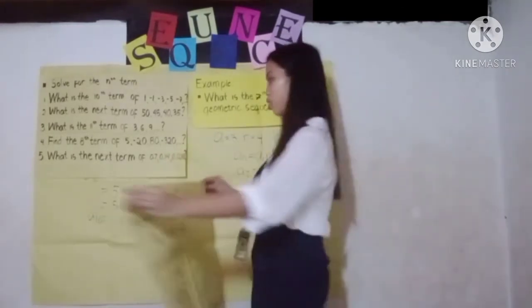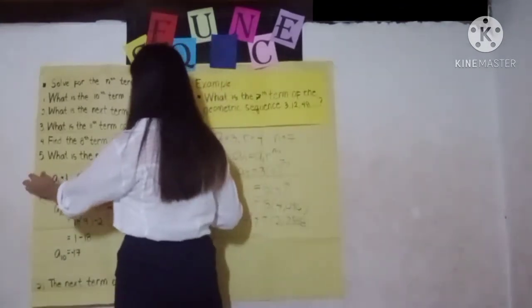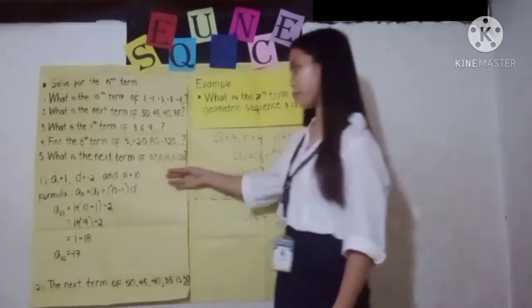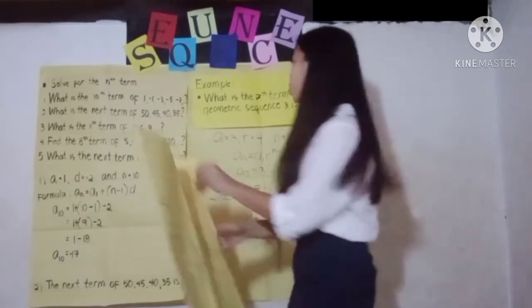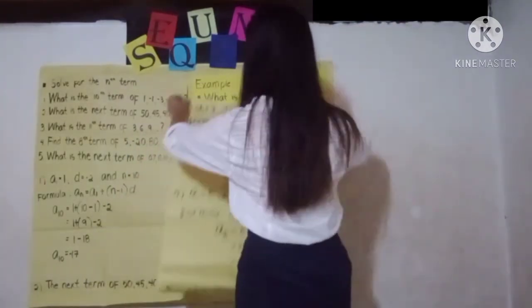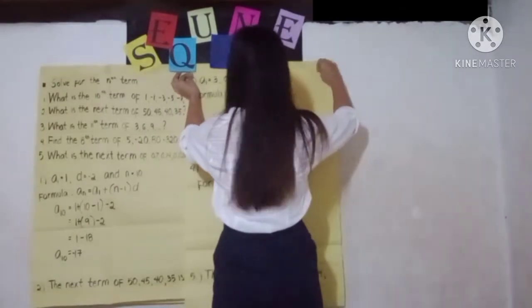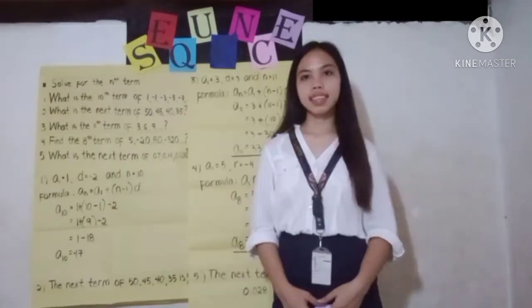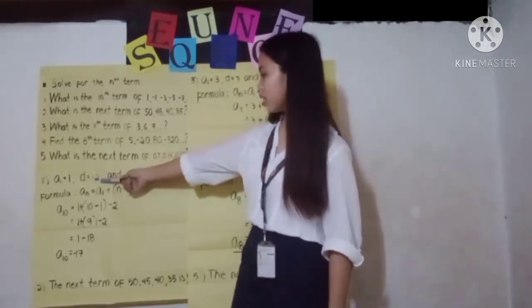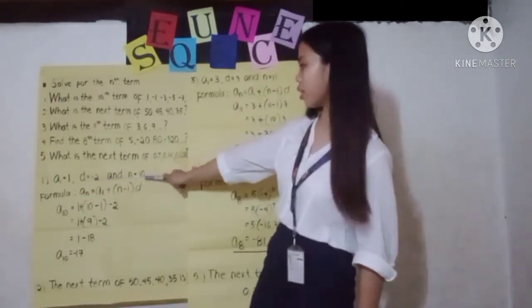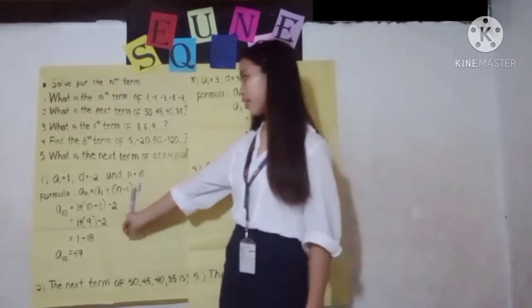And here are the solutions for the another given problem. The solution for number 1: a sub 1 is 1. The common difference is negative 2 and n is 10.